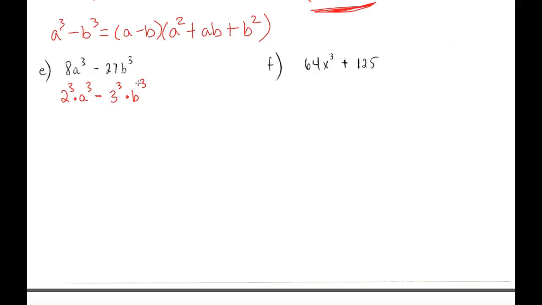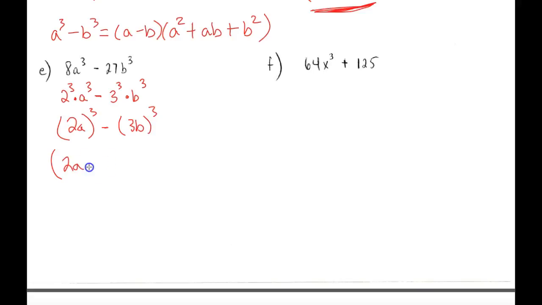Okay, so this definitely looks like this is going to fit the profile here of the difference of two cubes. We know that 2 cubed times a cubed is just 2a quantity cubed via exponential rules. And thus this would be 3b quantity cubed. Okay, so following the rules that we have here, 2a is going to represent what a is here, and 3b is going to represent what the second term is there.